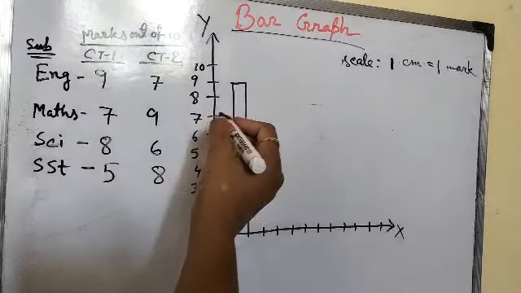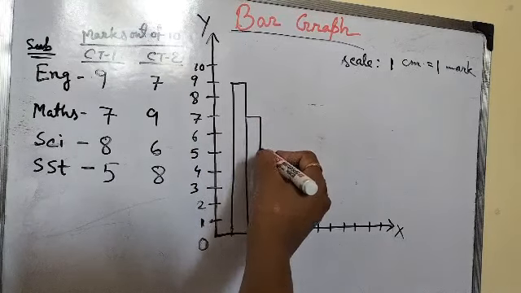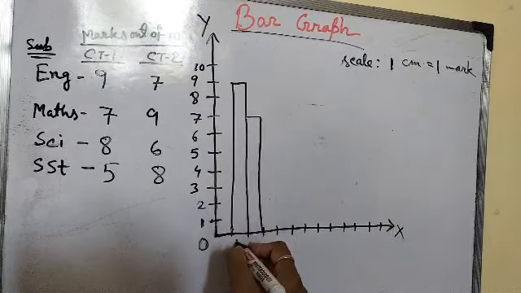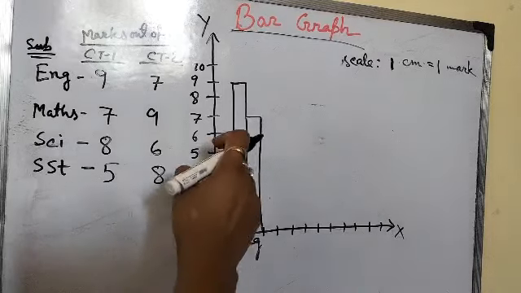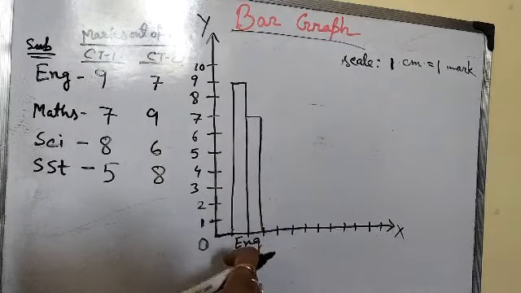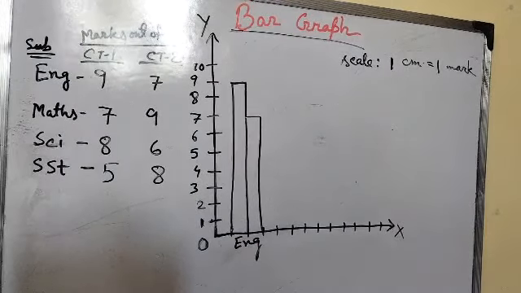So 7 means this one. Here no need to leave any box for English. This whole part is for English, the whole marks for English one student got. That is completed.